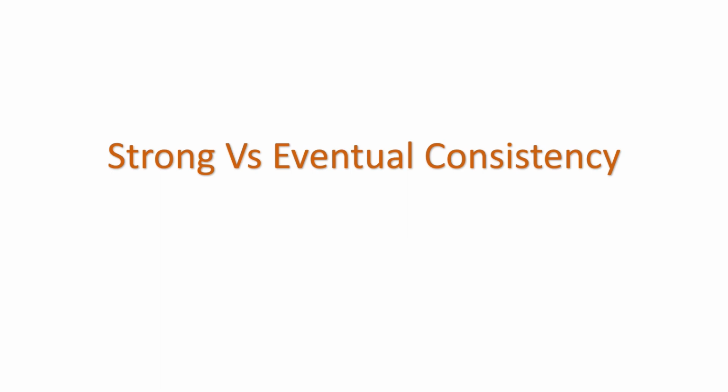Similar concepts also apply to consistency. Whether we want a system which is strongly consistent, or maybe we can live with eventual consistency. To understand these concepts, let's take the example of a single node system.